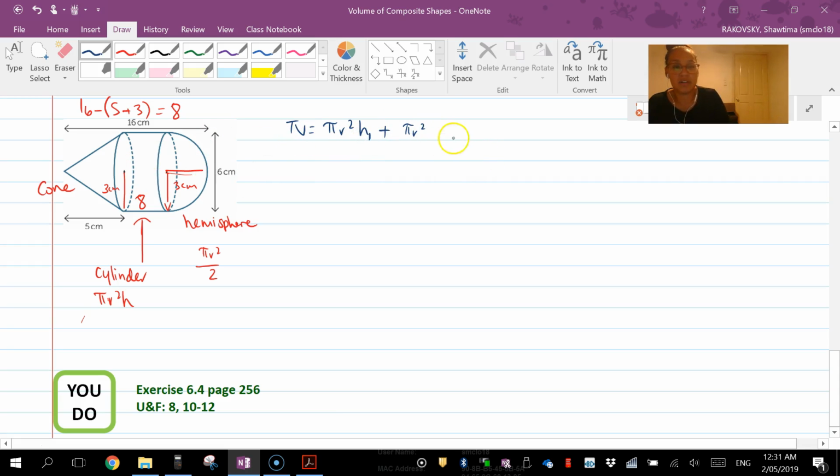I'm going to call it h1, h2, and dividing that by 3 because it's 1/3, plus 4/3 times pi r cubed, and then we're going to also multiply that by 0.5, and that's just the same as saying divide it by 2. So that gives us our formula for total volume.